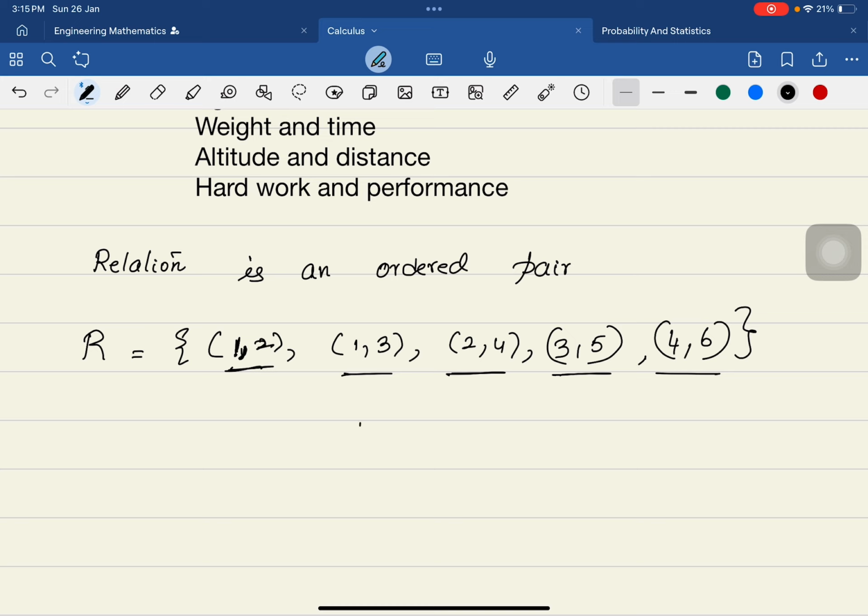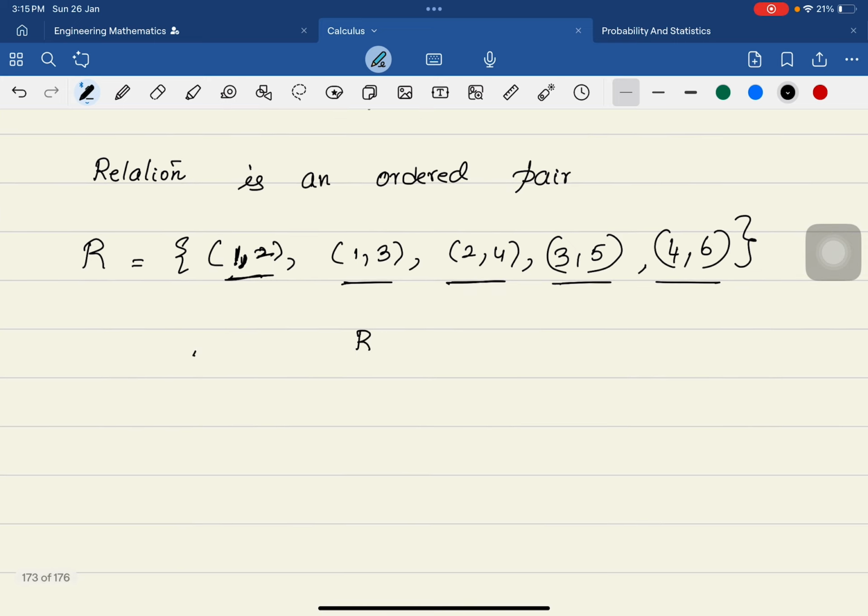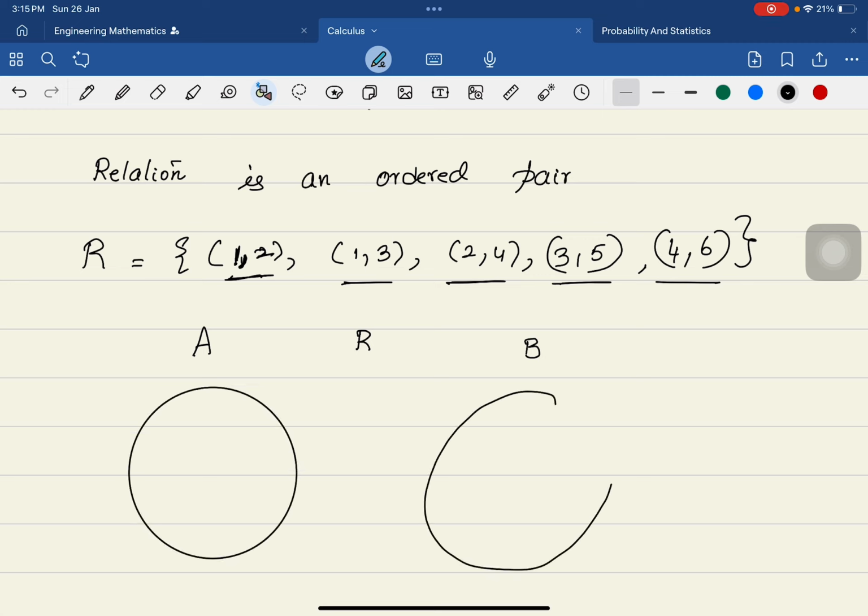So when mathematically or graphically you define the relation between two sets, let us say A and B, then I start writing all the first elements. 1 is repeated, so no need to write the repetition, and then 2, 3, and 4.